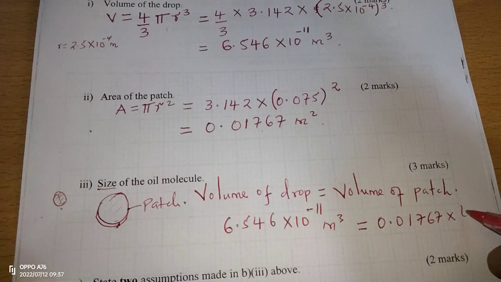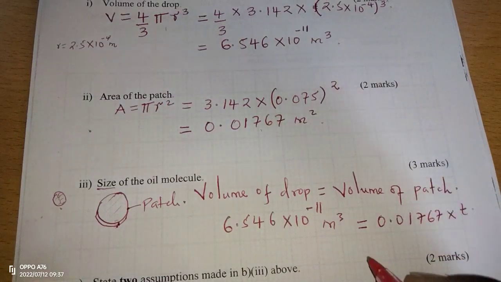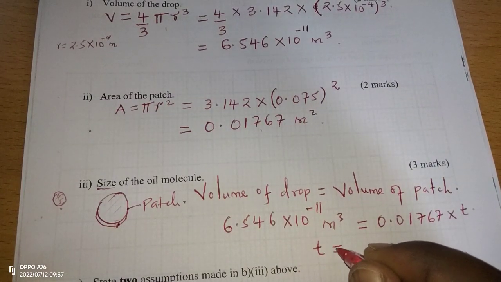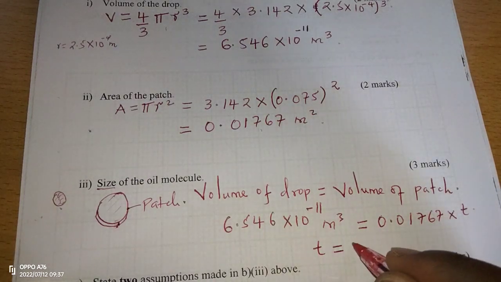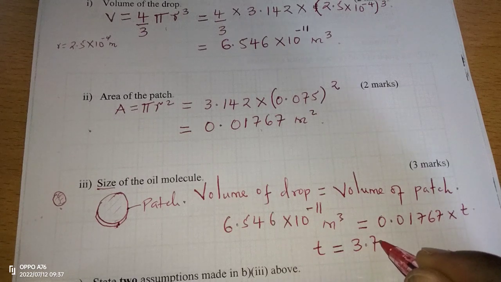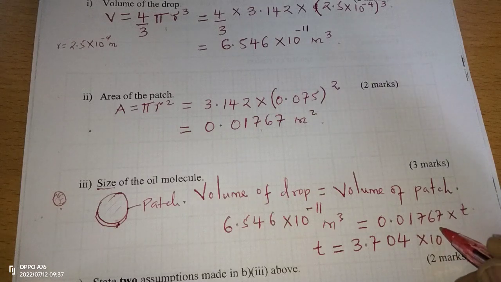To remain with t, we divide on the calculator 6.546 multiplied by 10 power negative 11 by 0.01767. This gives us 3.704 multiplied by 10 to the power of negative 9 meters.